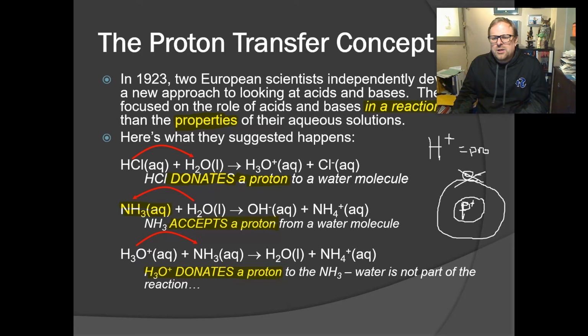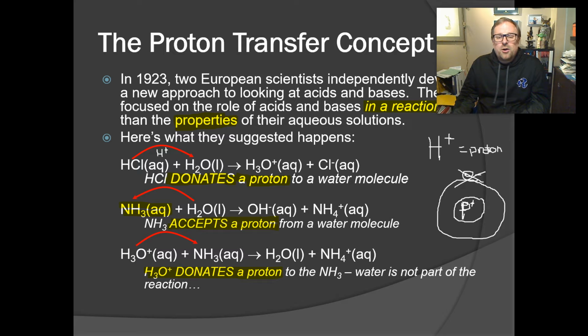If we're considering H+ to be a proton, then in these reactions, we're getting the transfer of a proton. HCl is donating a proton. We're transferring a proton, so there's a hydrogen ion going across. That makes sense, because HCl is losing a hydrogen ion and turns into Cl-. There's no H left, and we took away a positive.